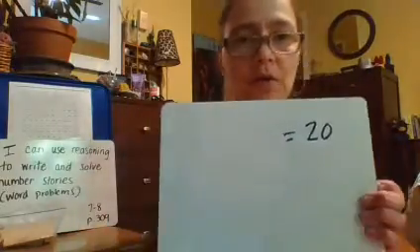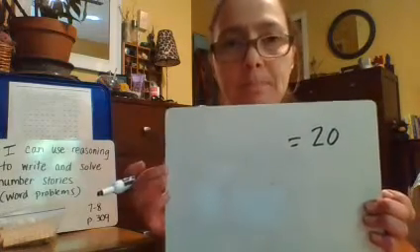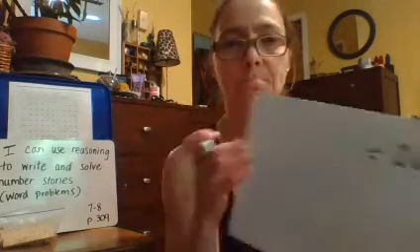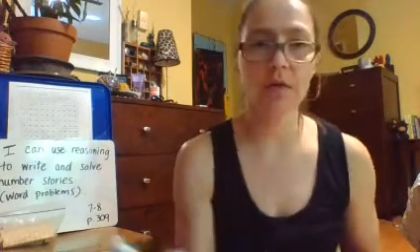You're equaling the value, your amount, your total is 20. So you can do the equation first and then start thinking about a little story that goes along with it. Okay, let's go ahead and try and think of a story to go along with a sum or a difference of 20.